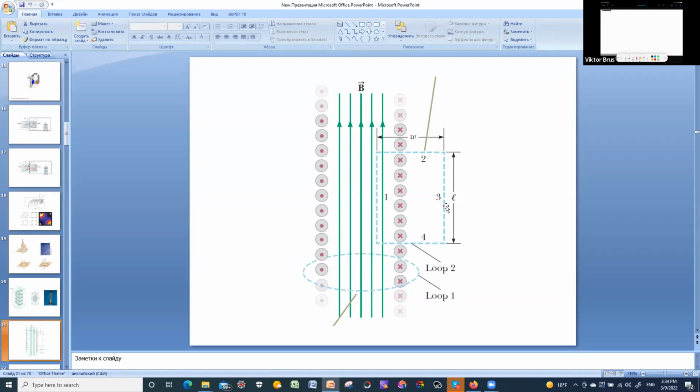What is important to underline here is that the dominant contribution to the integral along closed path will originate from this side 1, because here magnetic field is much stronger than outside the solenoid. So we can just neglect the contribution of side 3, and eventually, taking into account this consideration, we can write the following. Let me stop sharing the screen.